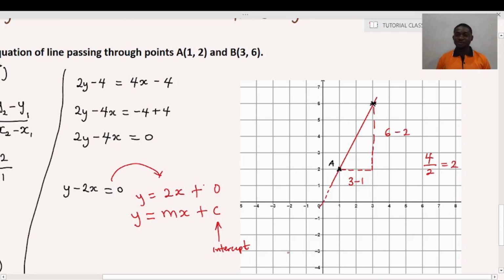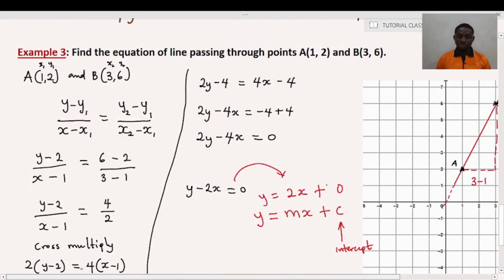Isn't that interesting? So we've learned a lot in today's class, where we've learned how to determine the equation of a straight line when we are given the gradient and intercept, when we are given the gradient and the point, and when we are given 2 points.